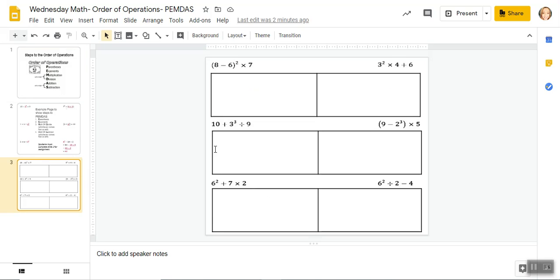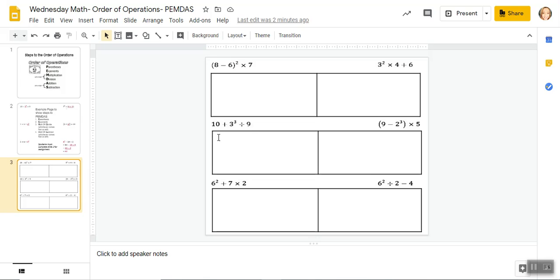Follow the steps. So, for example, on this one, you would do your exponents first. Again, 3 to the power of 3 is 3 times 3, which is 9, times 3, which is 27. Then you'd have 27 divided by 9, which would be 3.